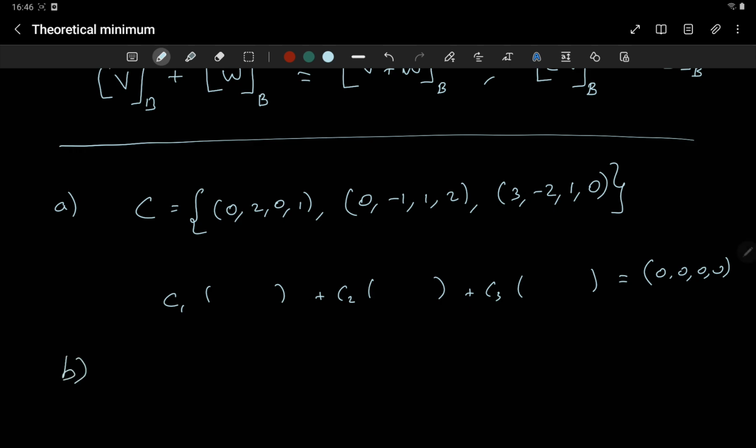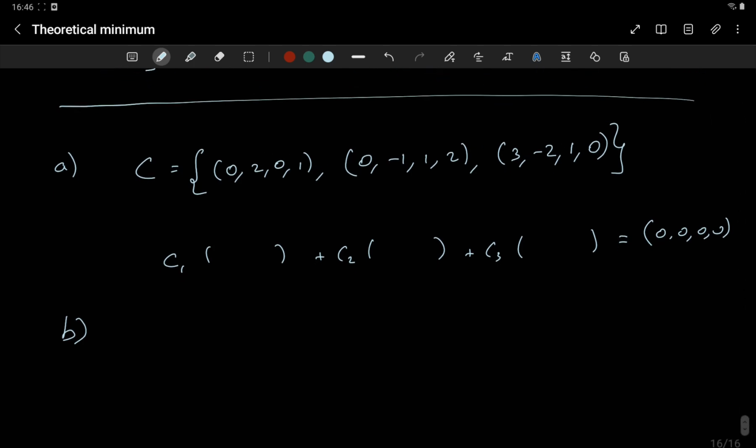Now another example. The same question: they have given three vectors but in a different vector space, and they are asking whether they are linearly independent. Set C is from P3 space: 2x plus x cube, minus x plus x square plus 2x cube, and 3 minus 2x plus x square.